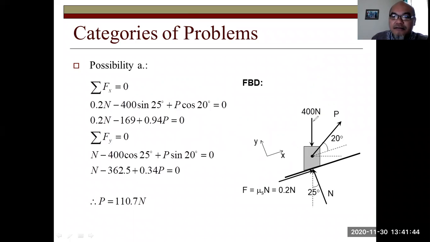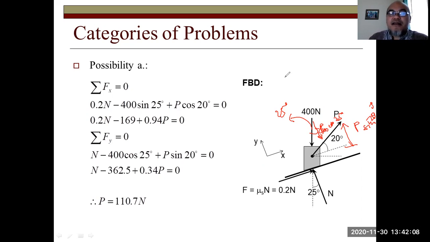Let's draw again. The y component is this one. Sorry, not P, it is 400 cosine 25 degrees. So this angle is 25 degrees. This part is upward, this is P sine 20 degrees.